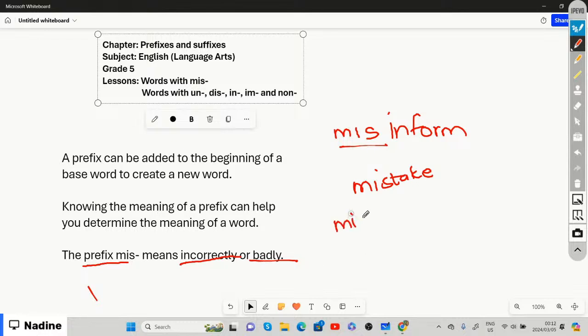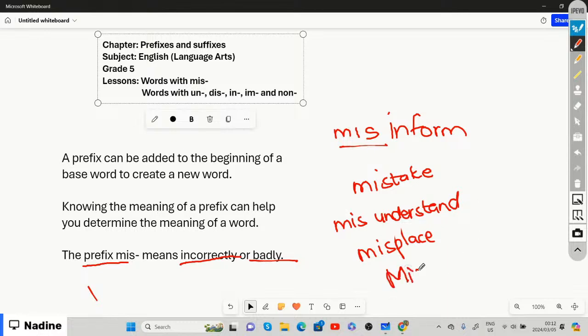We have misunderstand, where we are understanding each other incorrectly or badly. Misplace is like saying I don't know where I put it. I've probably put it in a wrong place, and now we can't find it.